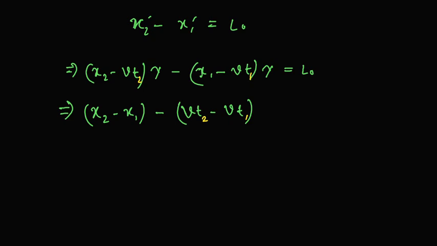But if we want to measure the length of a body, we have to measure its endpoints simultaneously. That means t2 and t1 are the same, so t2 minus t1 will be 0. Here I have taken t2 equals t1 equals t.